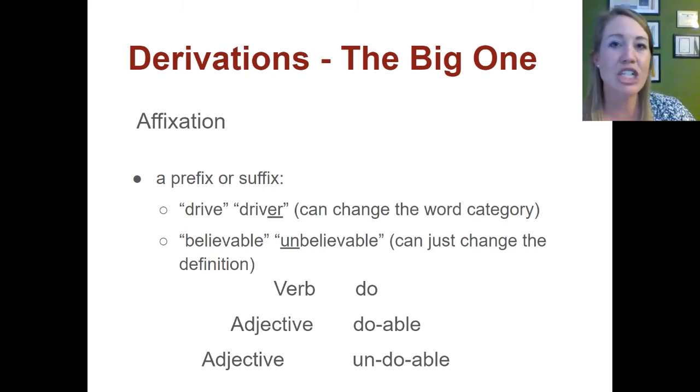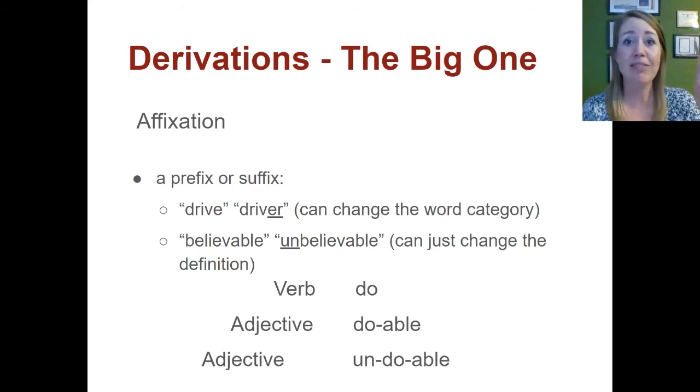Now, it doesn't always have to change the part of speech. It doesn't always have to change from a noun to a verb or whatever. It can stay the same part of speech, as with the second example: believable and unbelievable. These are adjectives, and they are still adjectives whether I say believable or unbelievable, but it does change the meaning. Believable and unbelievable mean completely different things.